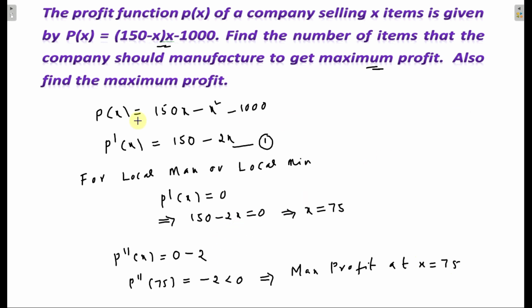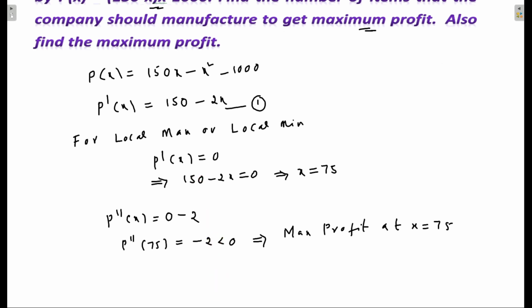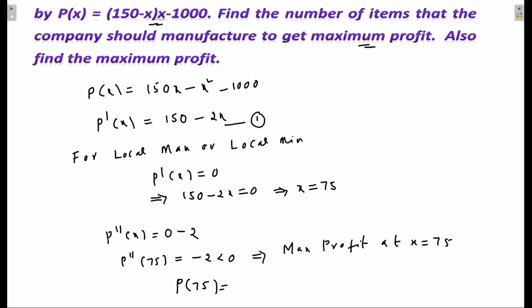And second bit also there, also find the maximum profit means we have to find P of 75 value. Substitute x is equal to 75 in the given function. So in simplification you will get 150 minus x, x means 75, 150 minus x means 75, into 75 minus 1000.